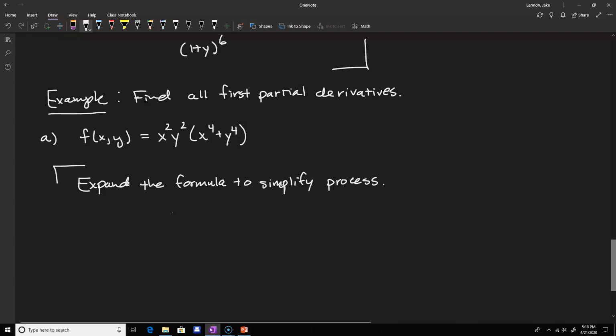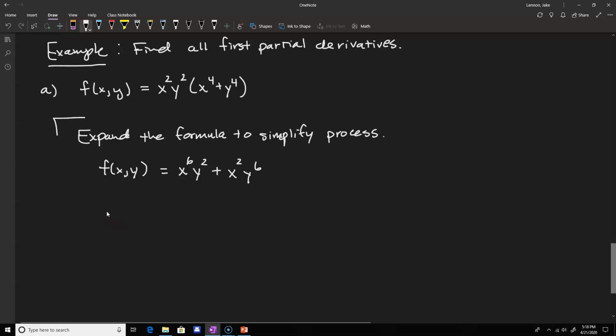That way we don't have to use a product rule here. So basically we can rewrite f of xy and distribute the x squared y squared. So x squared y squared times x to the fourth is going to be x to the sixth y squared. And then the second term we're going to get x squared, and then y squared times y to the fourth is going to be y to the sixth.